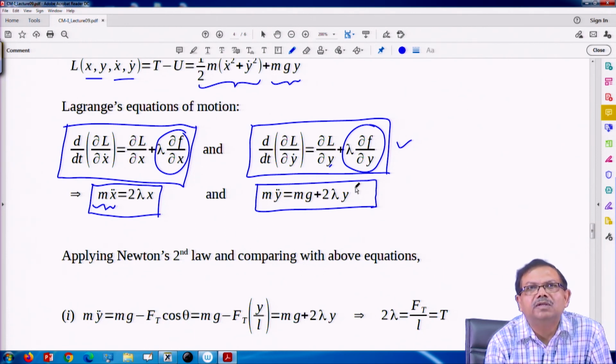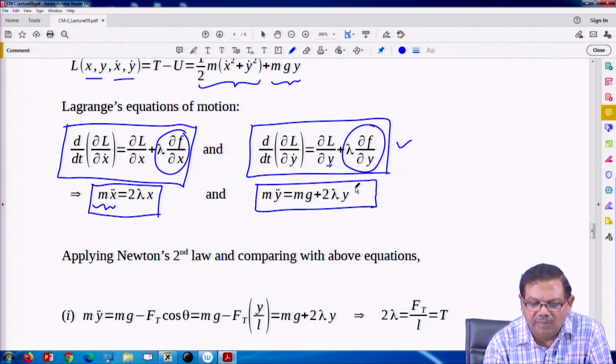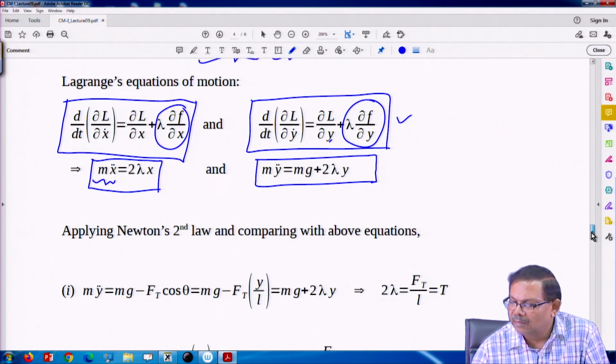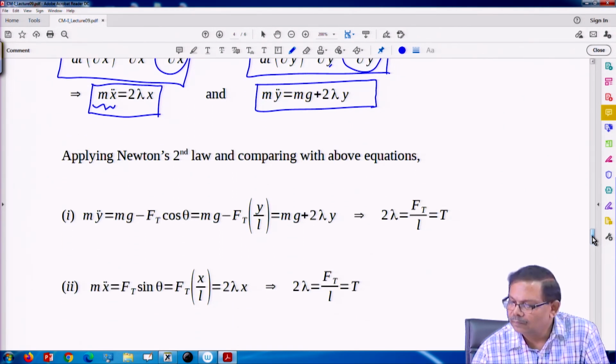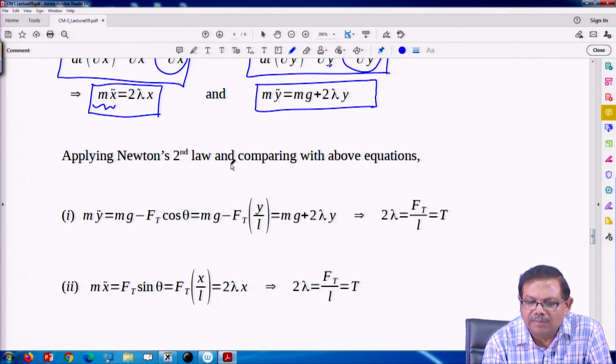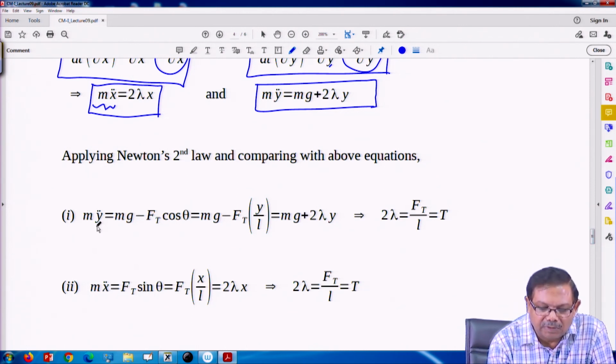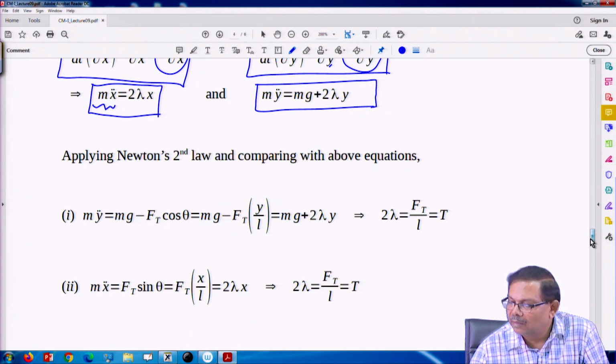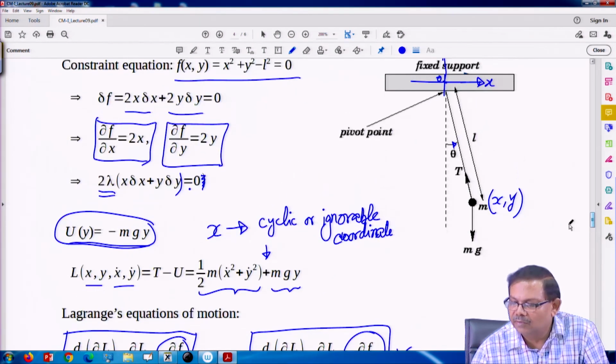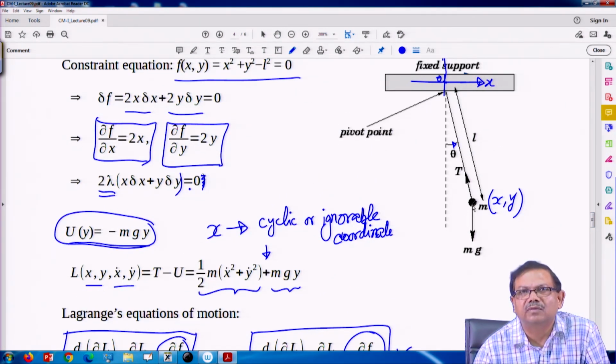If we want to understand the meaning of lambda, let us apply Newton's law. I want equations in the x direction as well as in the y direction.